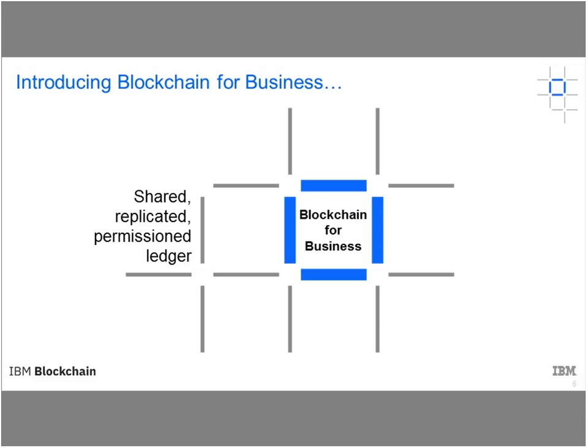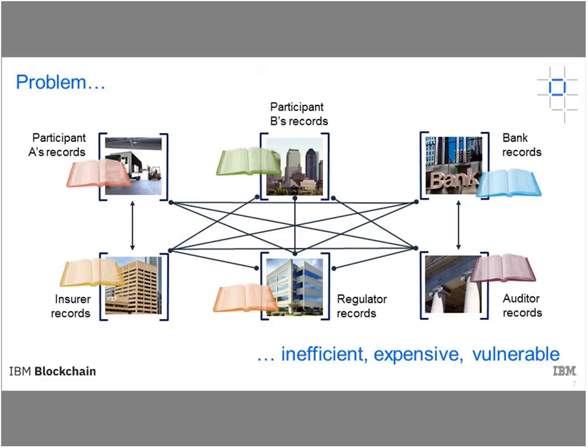Now, introducing blockchain for the business. This slide is the shared replicated permissioned ledger, which I have described. Now again I will describe it in slide number 7. As I have mentioned, every business party has different copies of their system, and they have different data structures, different databases.